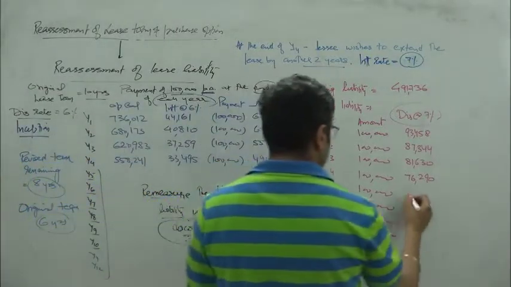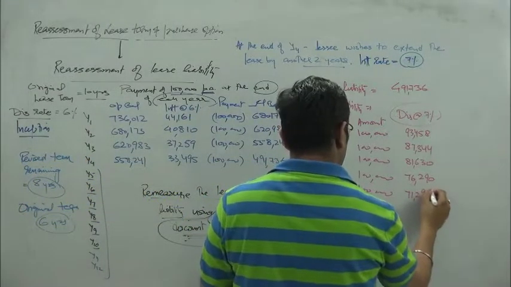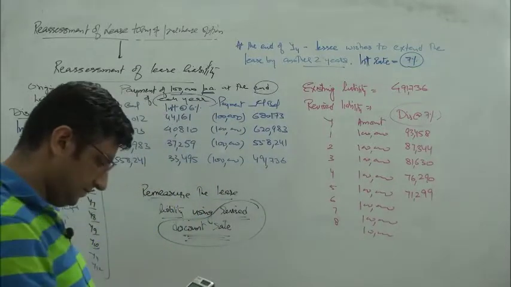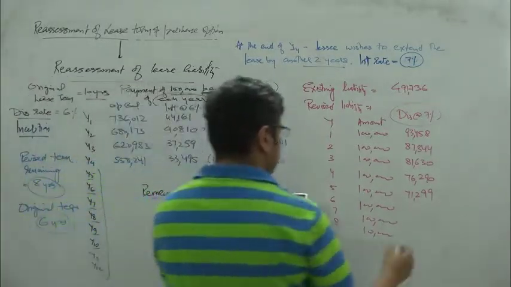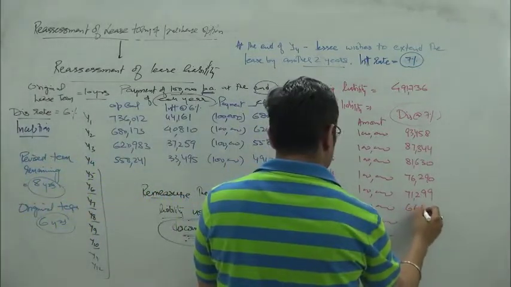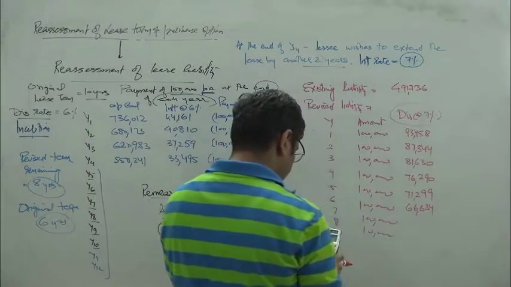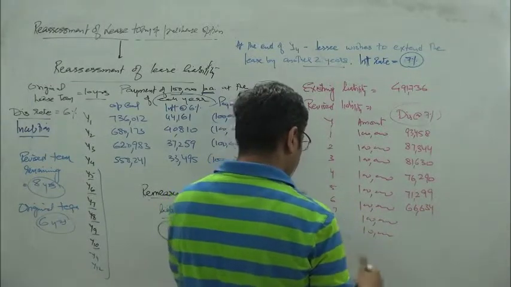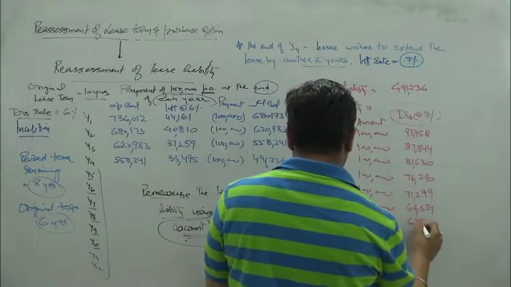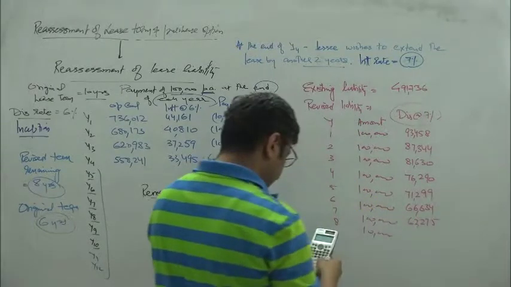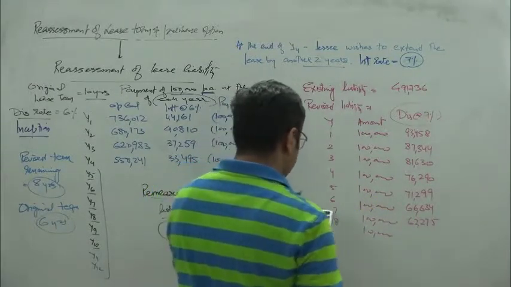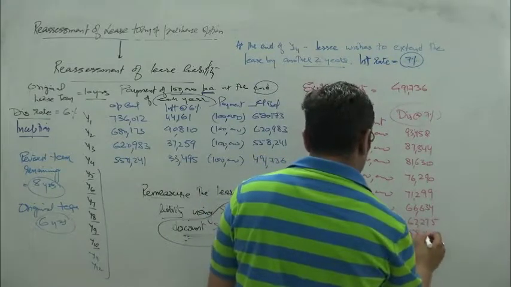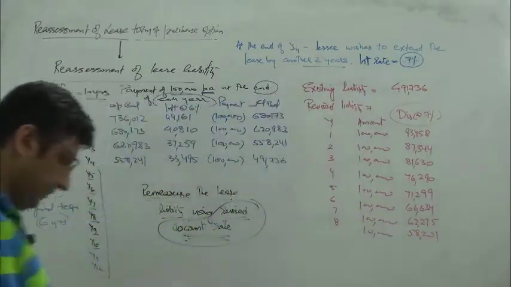This one is 71299. The next one is 66634, followed by 62275, and finally 58201.